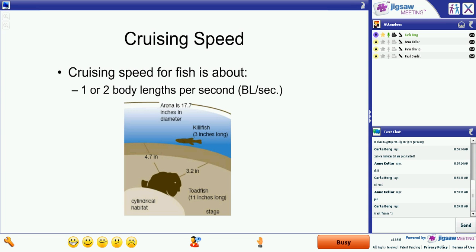So if we have a toadfish, who is normally about 11 inches long, it could go between 11 and 22 inches per second. If you had a killifish, which is typically 3 inches long, it could only move 3 to 6 inches per second. Now, some fish can move much quicker for a short amount of time, just like some animals can run much faster than other animals for a short amount of time.